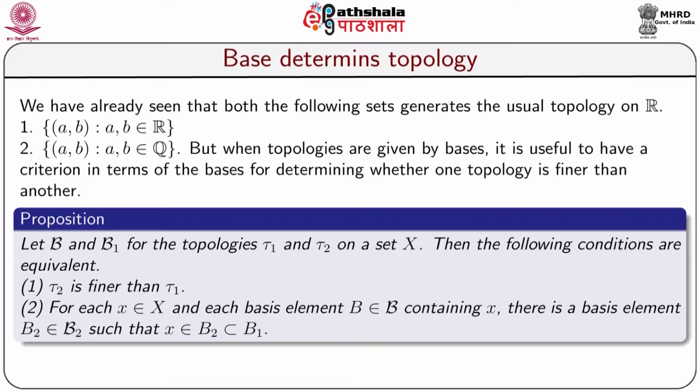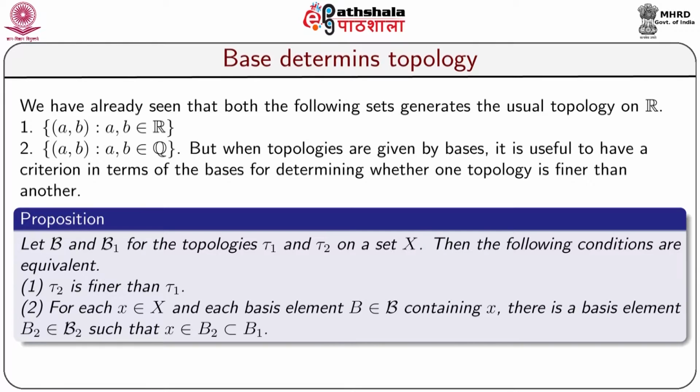That is, if two topologies are given by two bases, is it possible to determine, on the basis, that one topology is finer than another? We can see this in the following proposition.